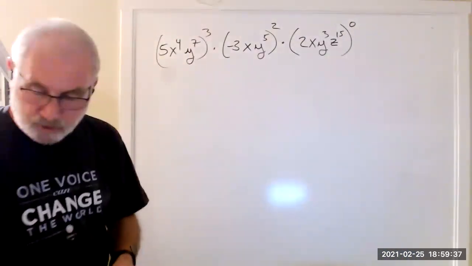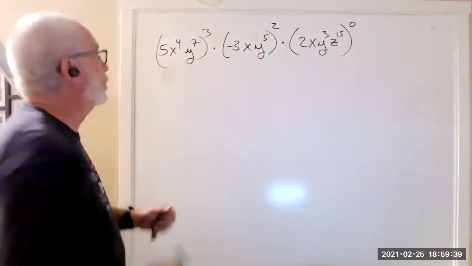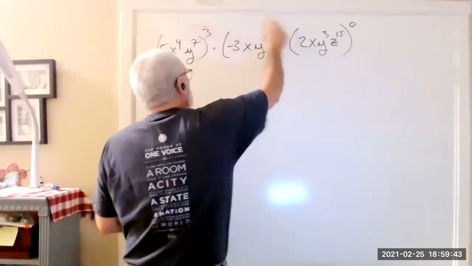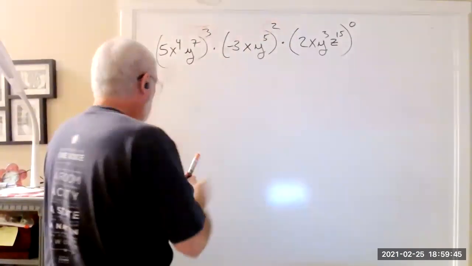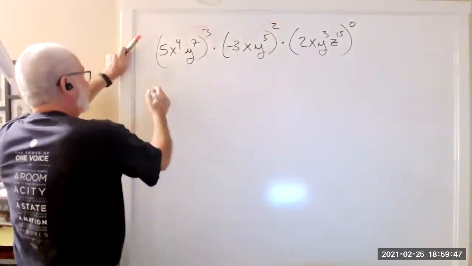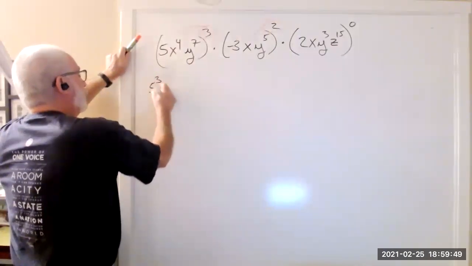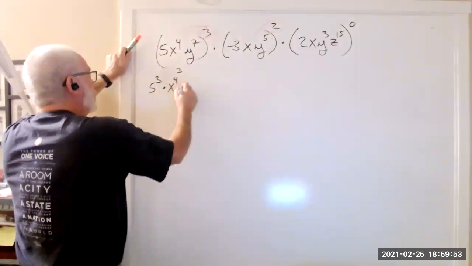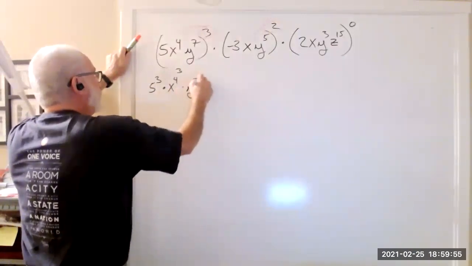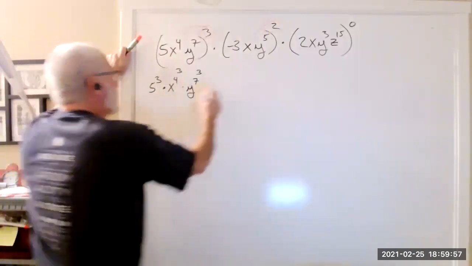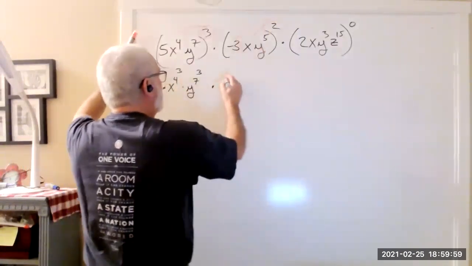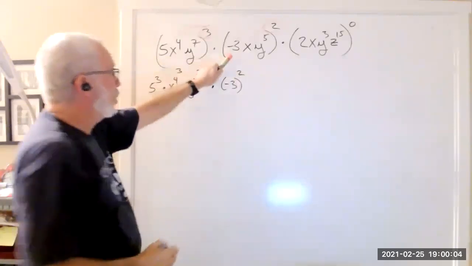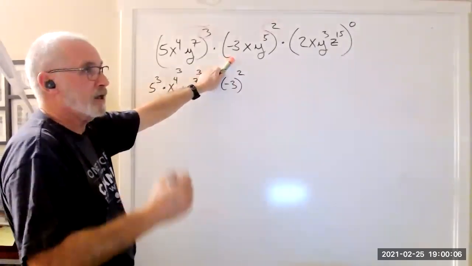Okay, so here we go. Distribute. We're going to get 5 to the 3rd times x to the 4 to the 3rd times y to the 7 to the 3rd, times, be careful, this is -3 to the 2nd power. It's all of -3.